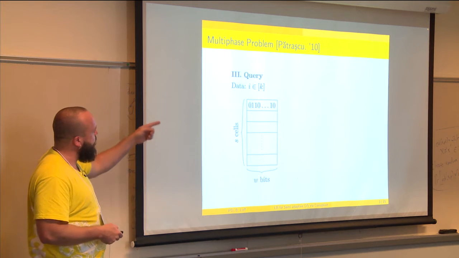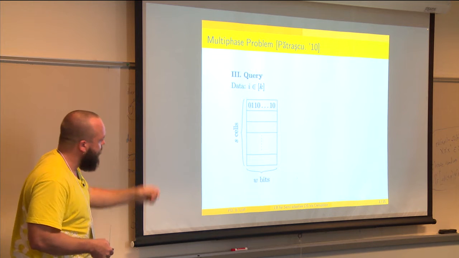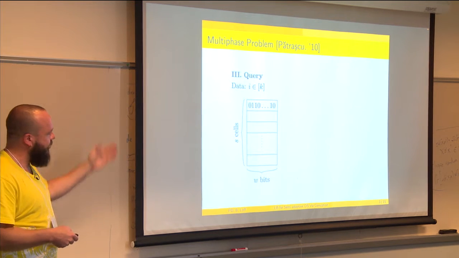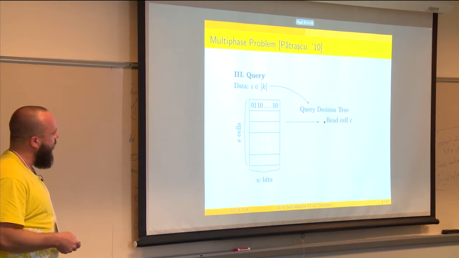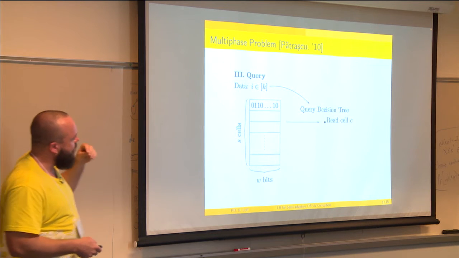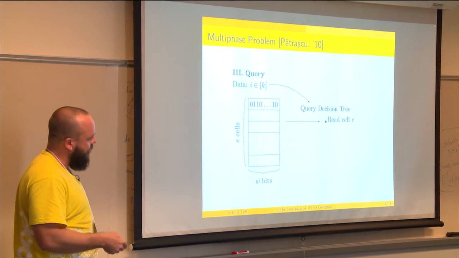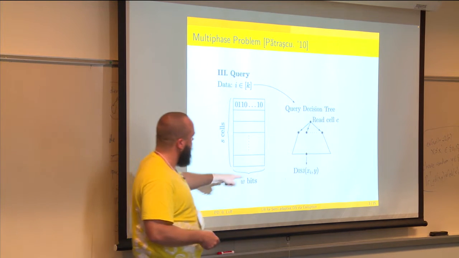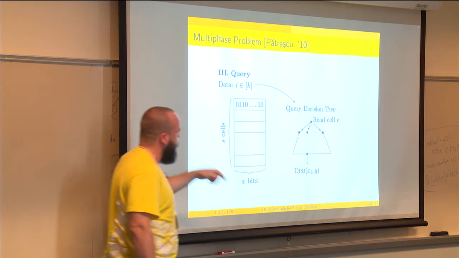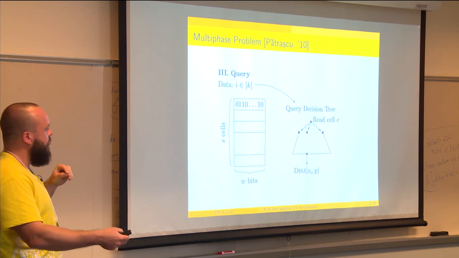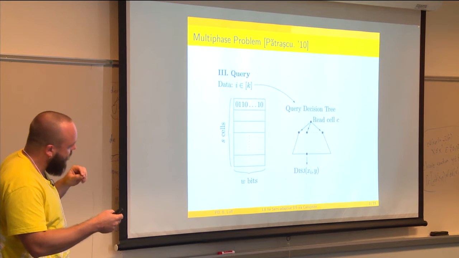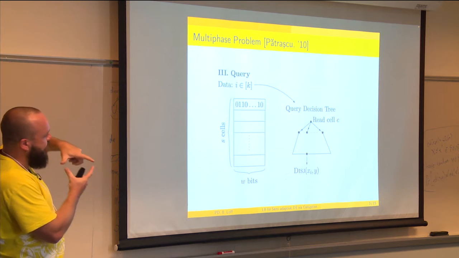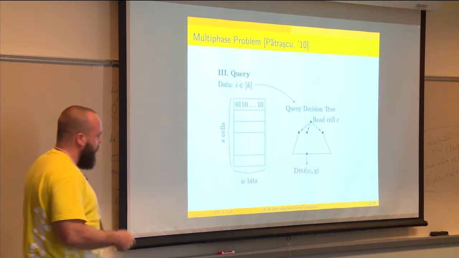And the last phase is the query, which is an index into the first k strings you got in the first phase, and now you have just a query decision tree. You query the cells, and at the end you want to answer whether the strings x_i and y are disjoint, when we consider the strings as characteristic vectors of sets.